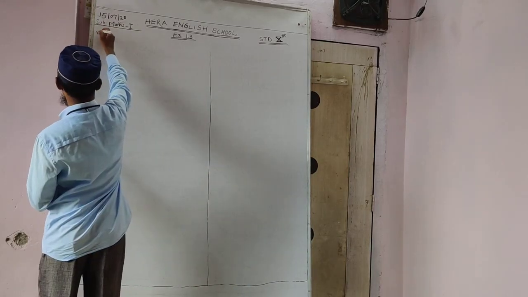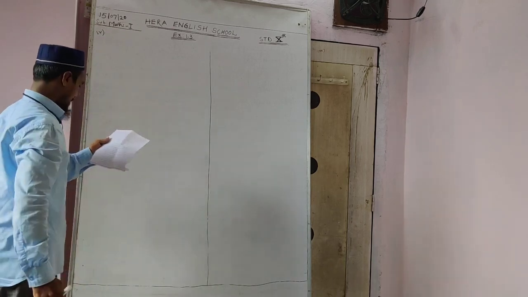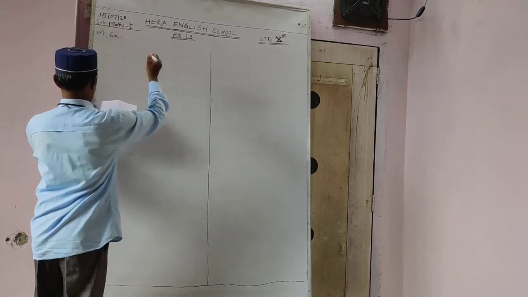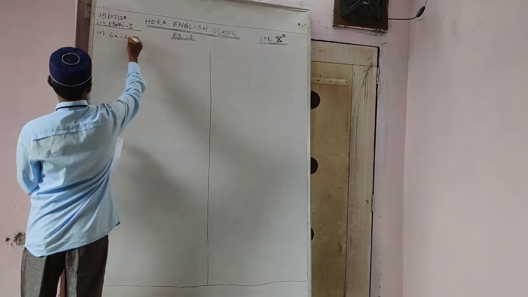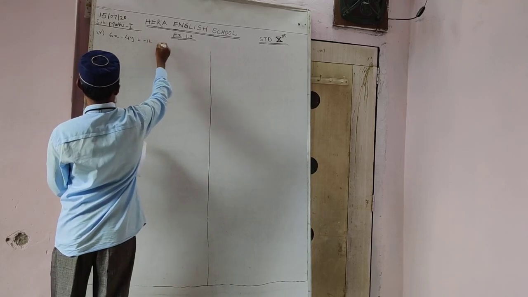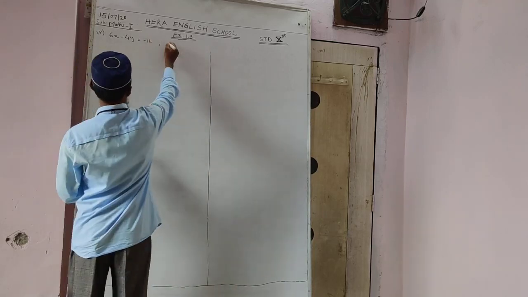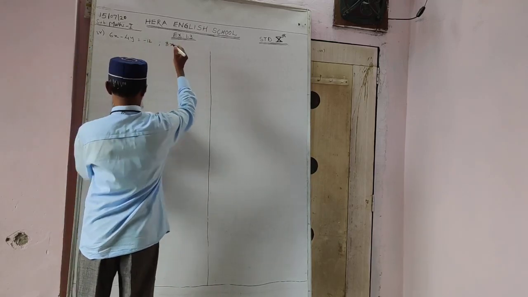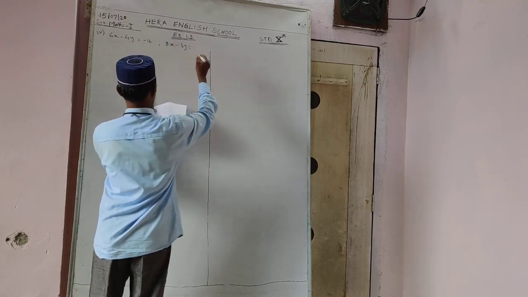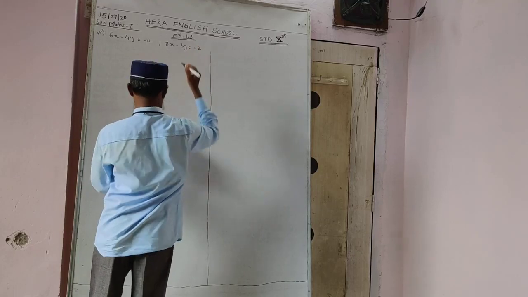We have question 4. The first equation is 6x minus 4y equal to minus 12. The second equation is 8x minus 3y equal to minus 2.